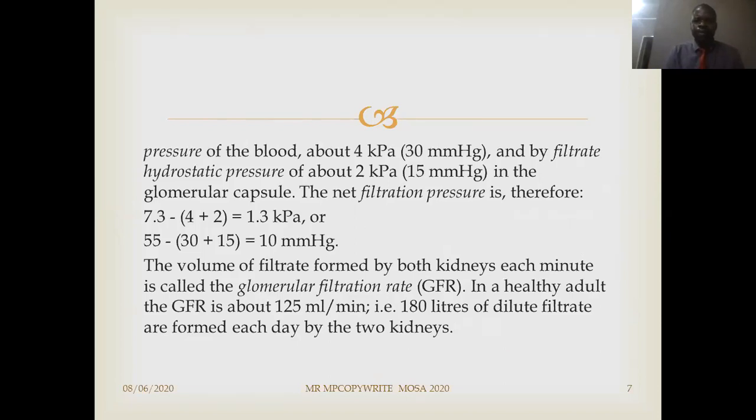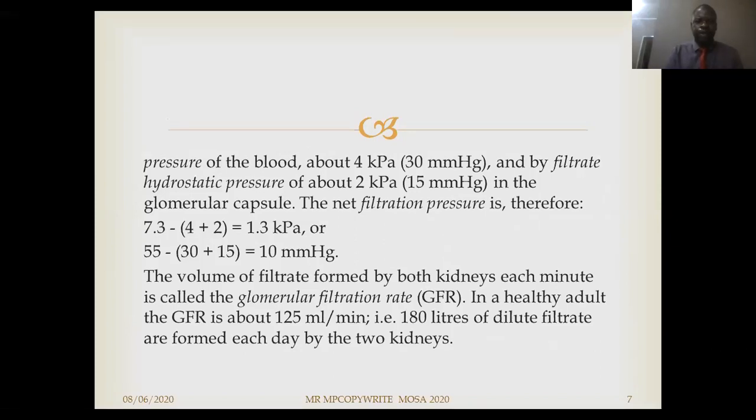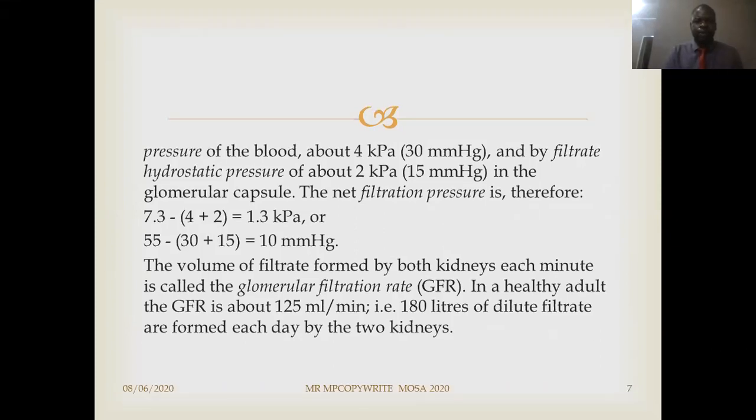The net filtration pressure is therefore 7.3 minus (4 plus 2) equals 1.3 kPa, and 55 minus (30 plus 15) equals 10 millimeters of mercury.